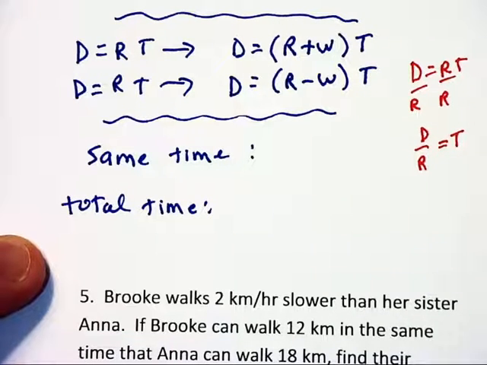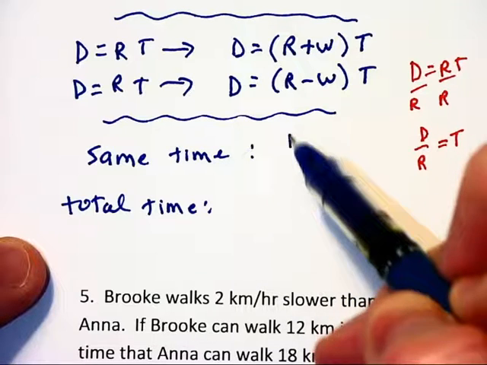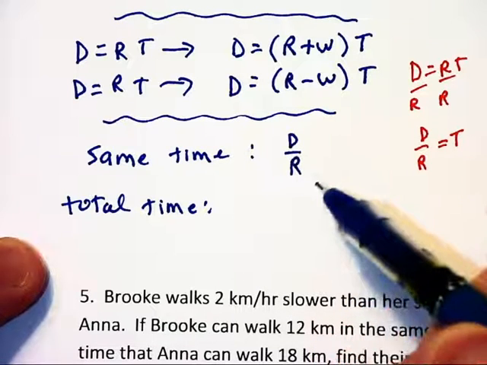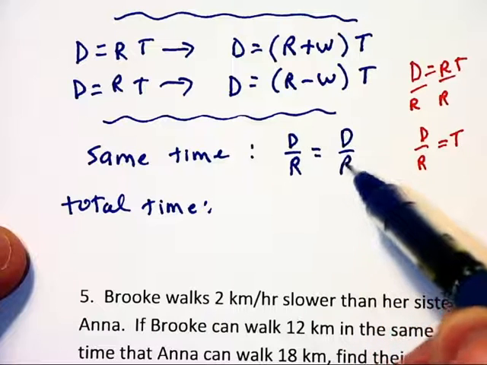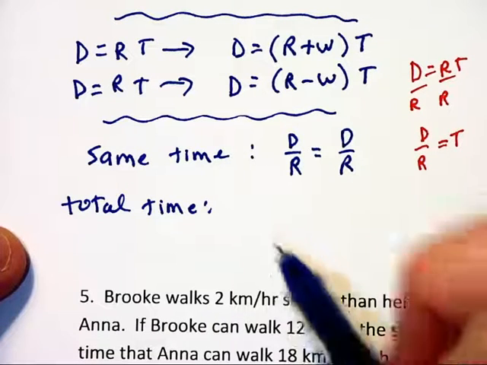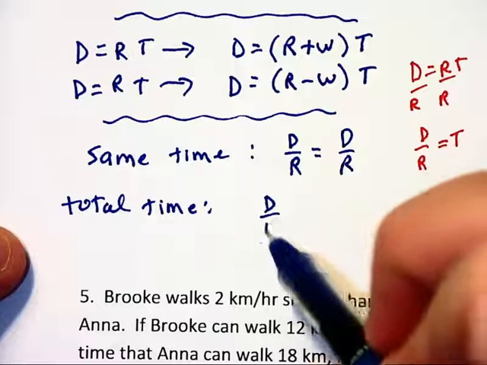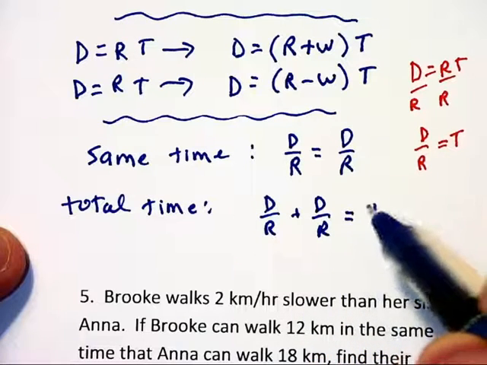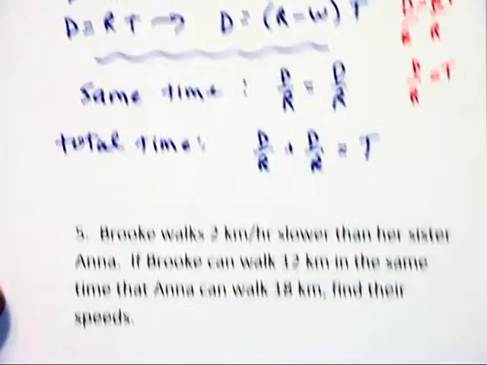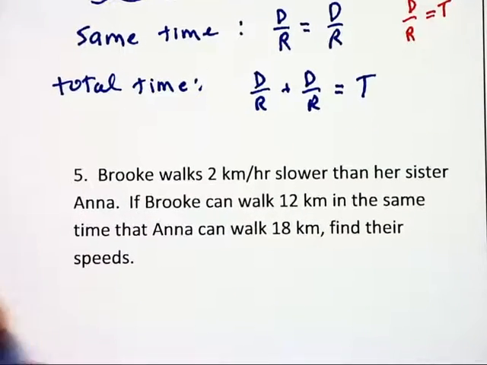So whenever I have a same time pattern, I say d over r, time for one vehicle or one journey, is equal to d over r for another journey. Now when I have a total time, I go d over r plus d over r is equal to a total time t.